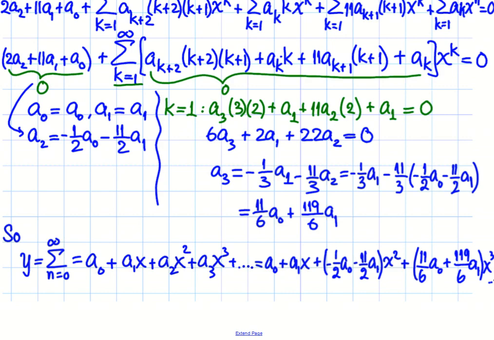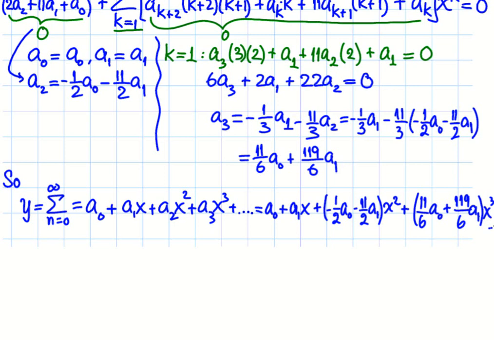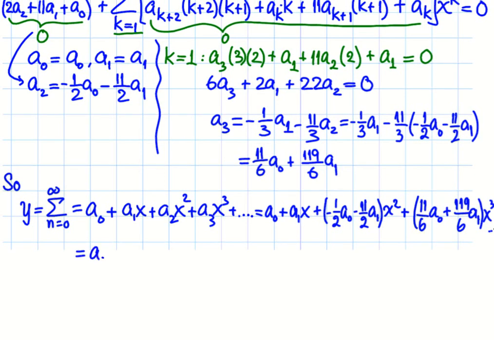And then if we factor out A0 and A1, we should have A0 times 1 minus 1/2 x squared, and then 11 over 6 x cubed. Of course, the series keeps going.